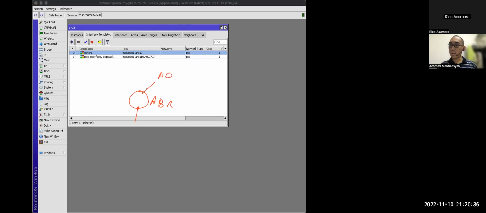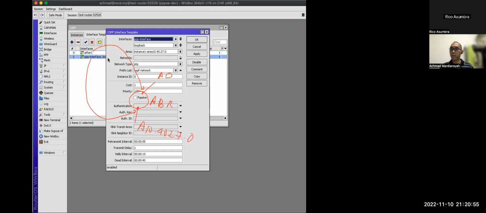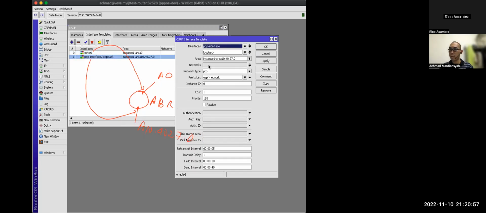This interface goes to area 10.40.27.0, so this template goes here and this template goes there. It's up to you how you define the cost over there. For example, on this one the cost is 1 and others will be different as well. Here you can define authentication and so on.